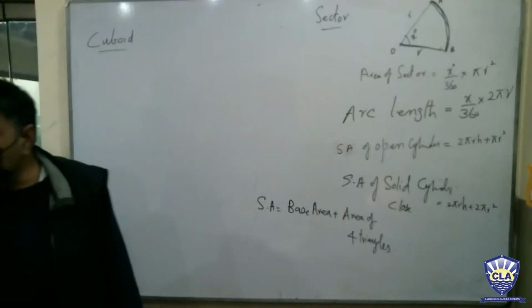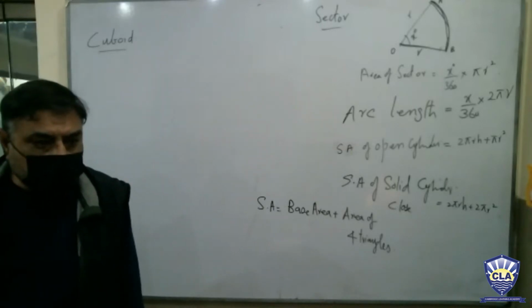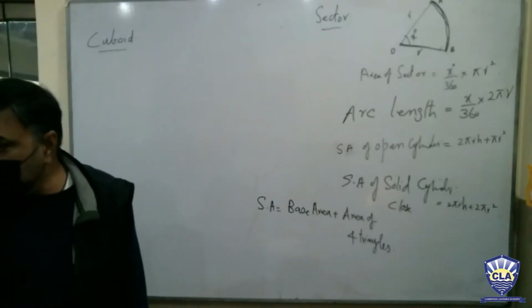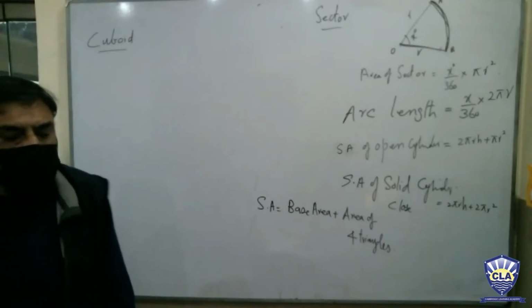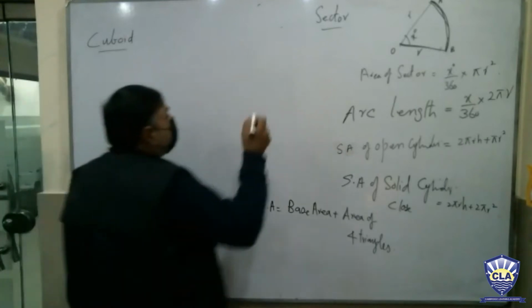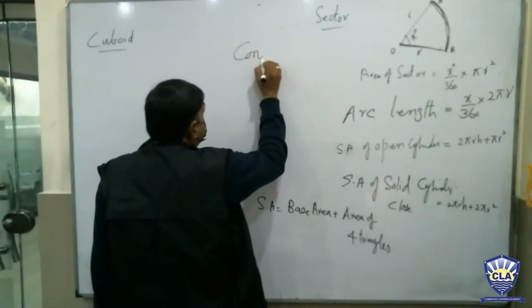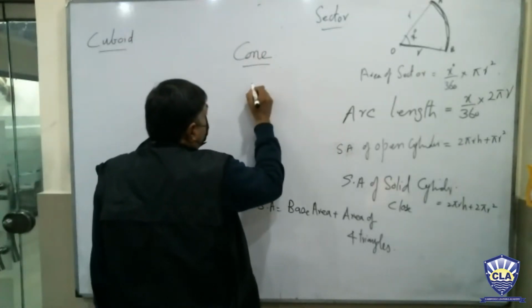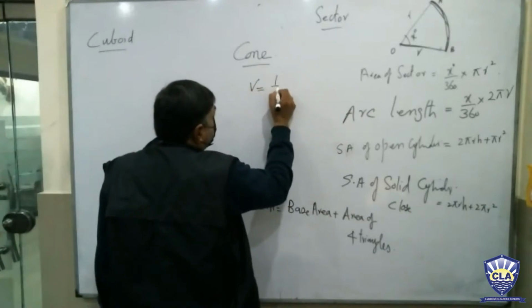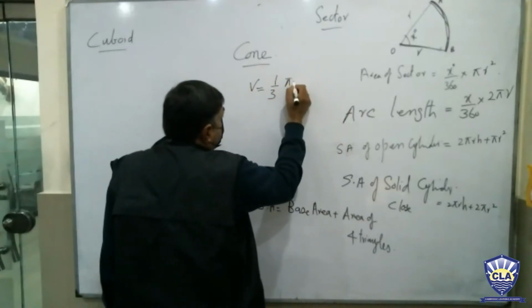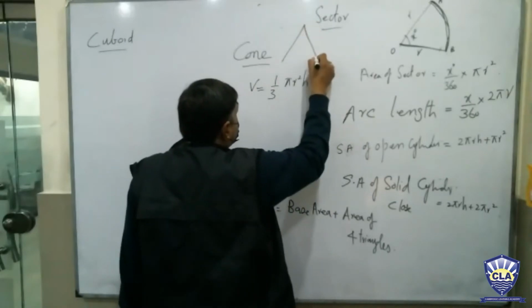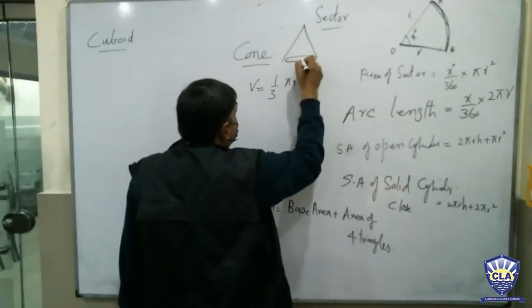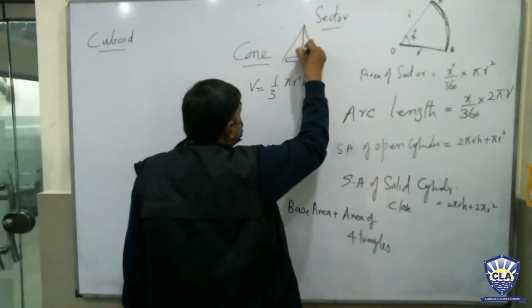Cone and sphere. Formulas of cone and sphere will be given in the question paper. Okay? Cone. Volume of cone is 1/3 of the cylinder, 1/3 pi r square h. Here are the radius and height.